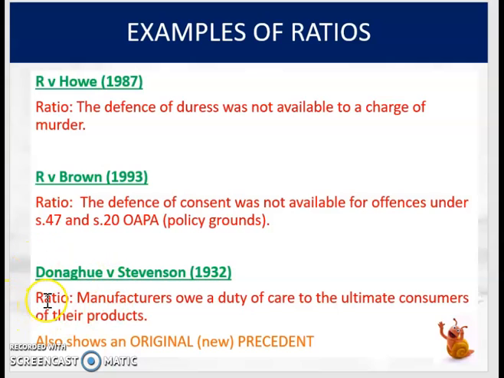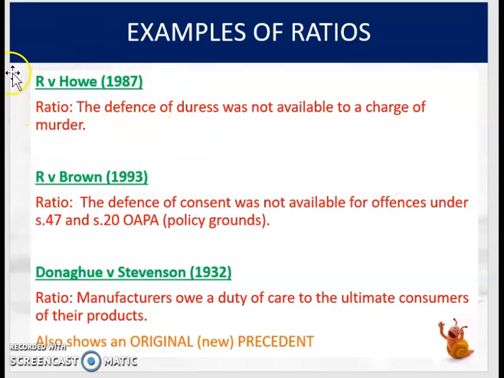Donoghue v Stevenson was very important because it also gave us an original or a new precedent. So what that means is when a case is decided for the very first time, this was the very first time that manufacturers were held to owe a duty to the ultimate consumer, we call that an original precedent because it's brand new.